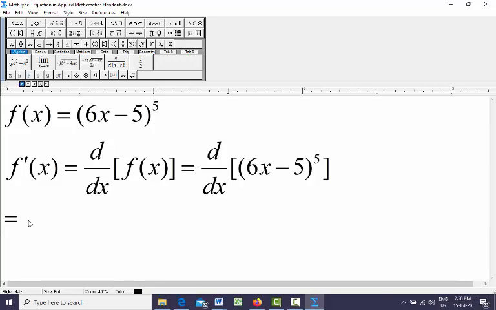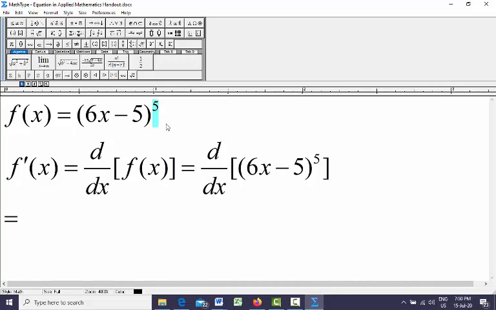Let me use some very easy language for you here. Consider this bracket as a suitcase or a briefcase, and on top of that this is the lock. So that means the briefcase or suitcase, whatever you call it, is locked.